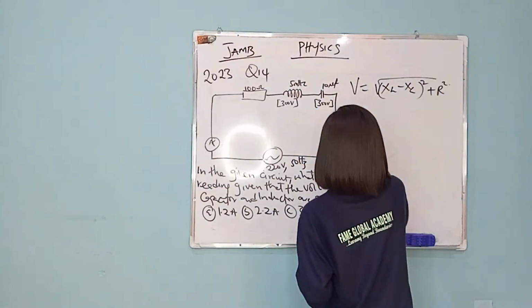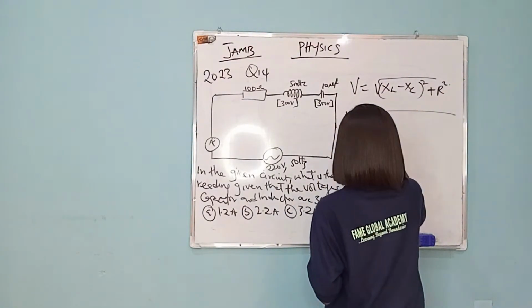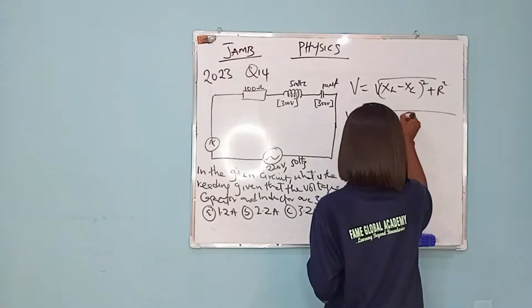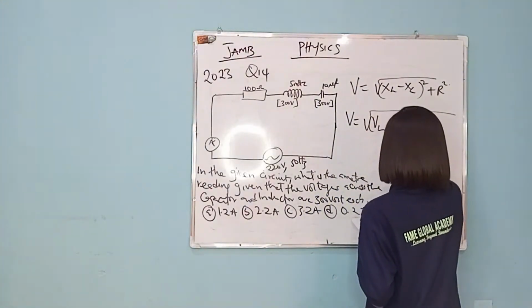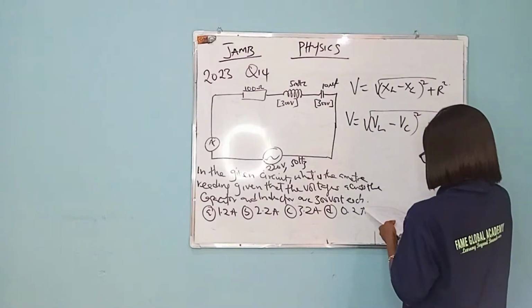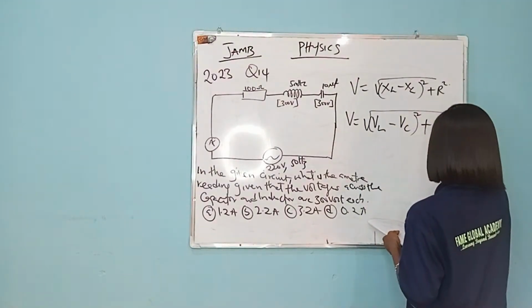And then we have V is equal to the square root of VL minus VC all squared plus VR squared.